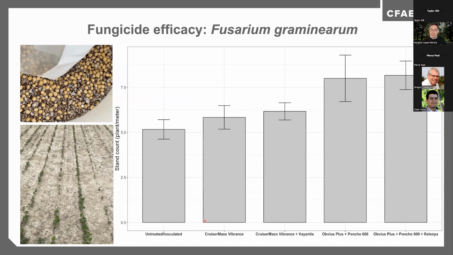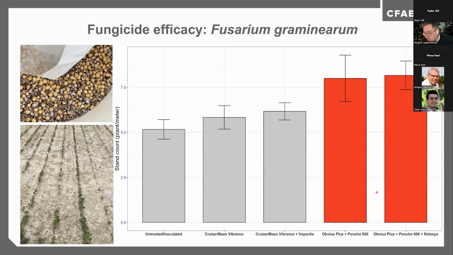And you can see here that as we treated our seeds, you can see the trend of increasing that emergence of the plant. Statistically significant compared to the untreated check, where those Obvious Plus and Poncho, and adding that Relenja.